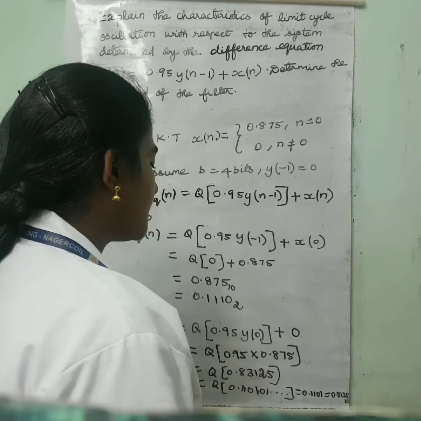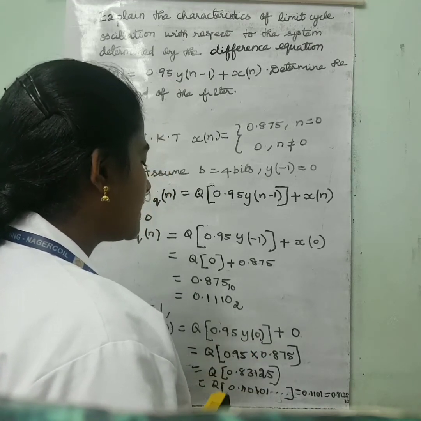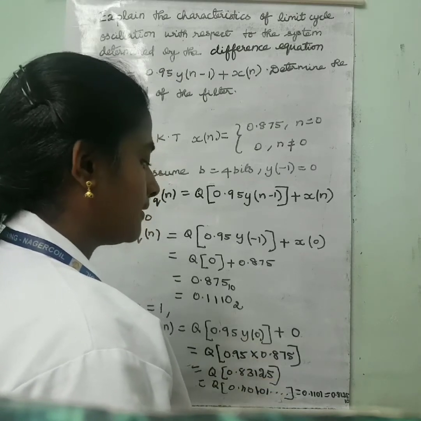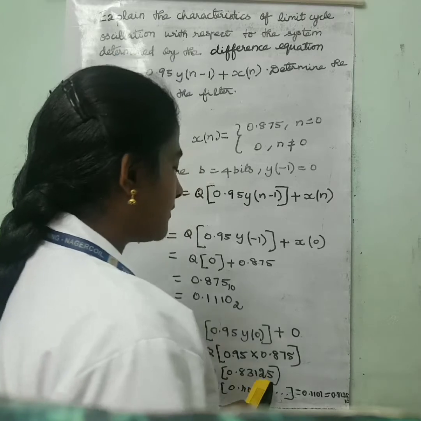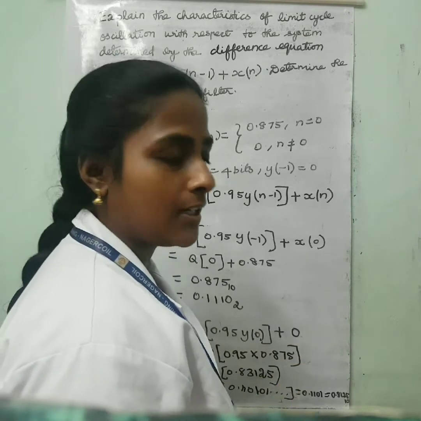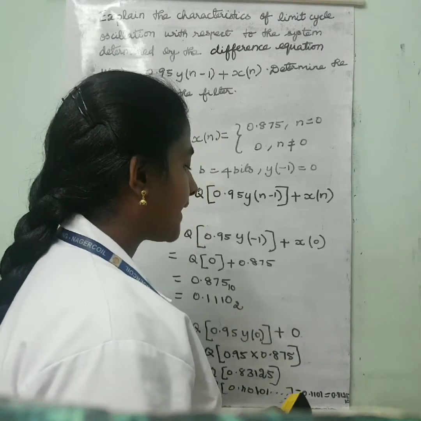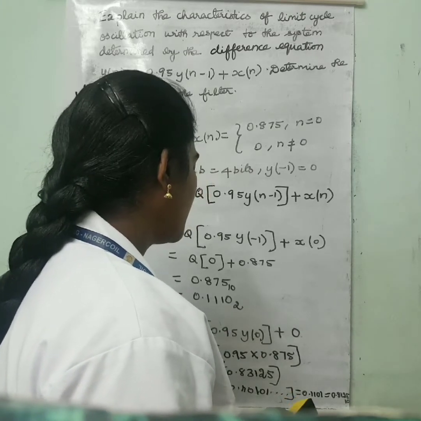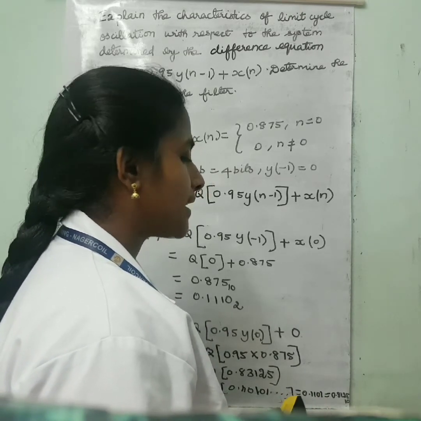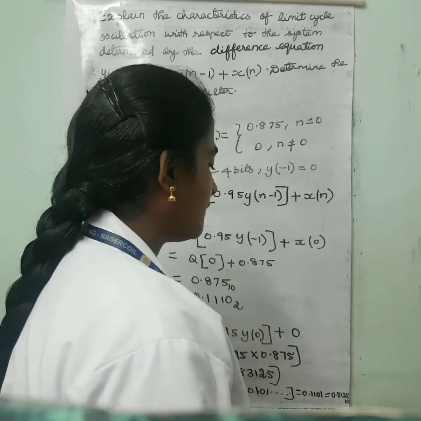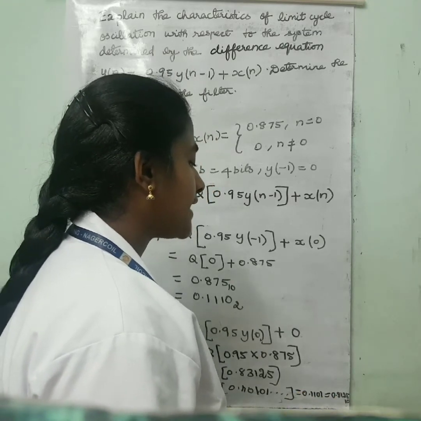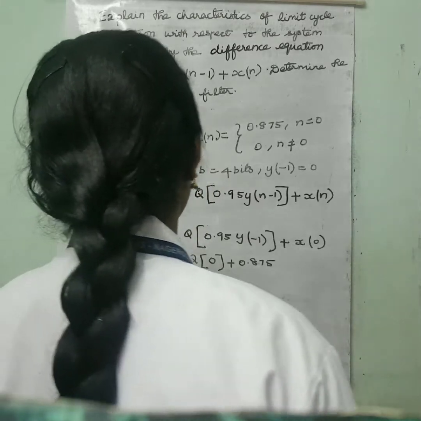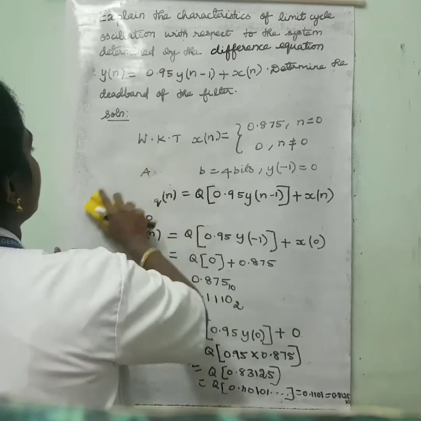Again you convert this into the binary value, you will get 0.110101. We have to take only 4 bits, so you can take it as 0.1101. When you convert that into the decimal value, you will get 0.8125. Okay, next we can do for n is equal to 2, n is equal to 3.